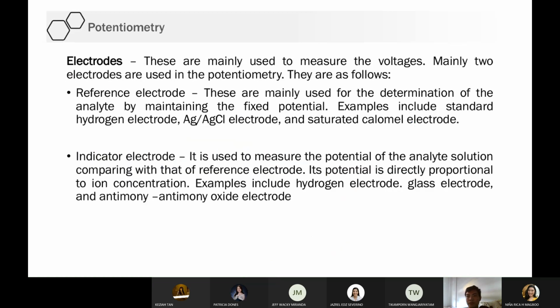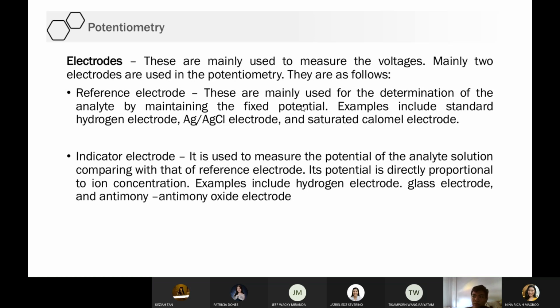So what are electrodes now? Electrodes are the things you submerge into the solution, and they react with the solution to give the potential or voltage of the cell. Reference electrodes are used as fixed potentials, so they are the reference of the study.